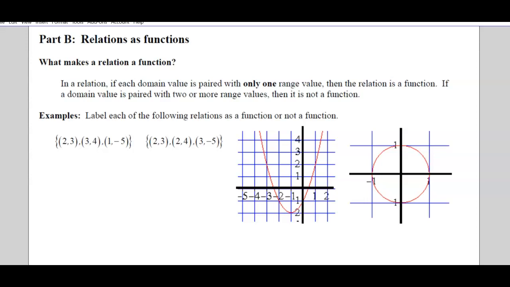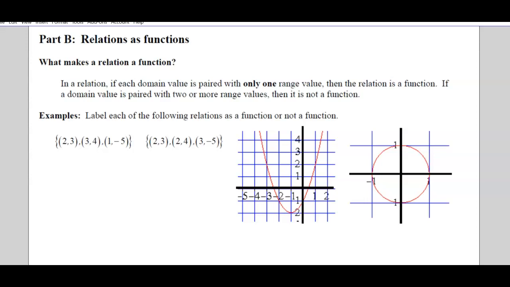In a relation, each domain value is paired with only one range value. So for every x value, or domain value, there is only one y value, or range value. Then it's a function. If there's more than one, then it's not.